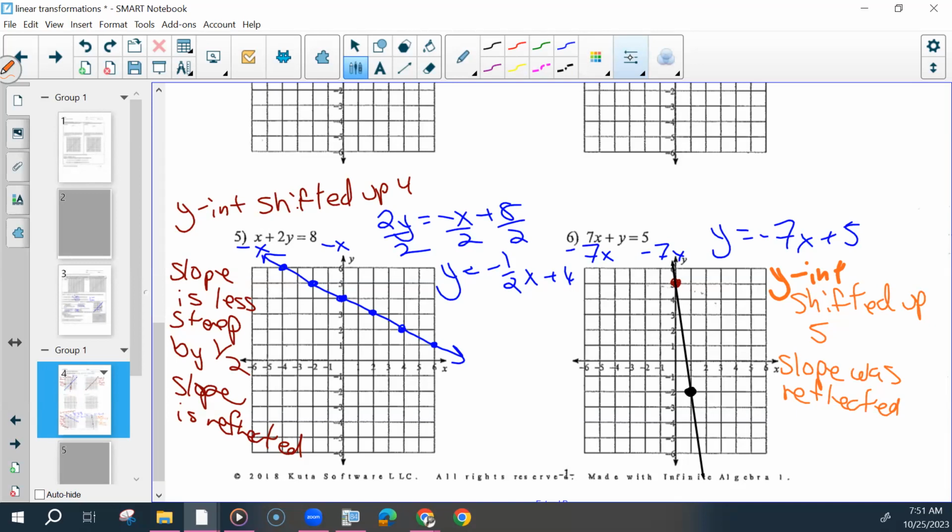Now let's see. These are 2 different things. The negative is the reflection, the 7 deals with the steepness. So it's steeper. You have to remember that the negative and the number are 2 separate things.